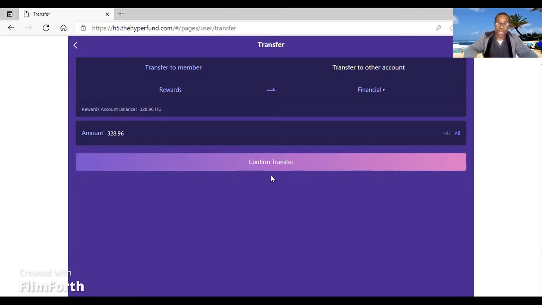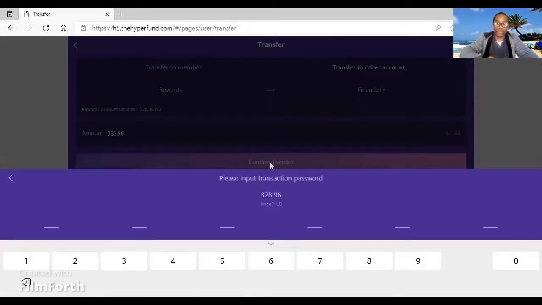So I confirm the transfer now, and now it requires me to put my transaction password, which you normally obtain when you were registering your account.